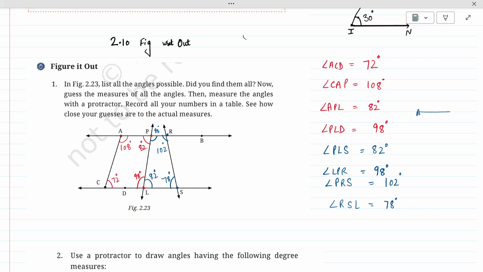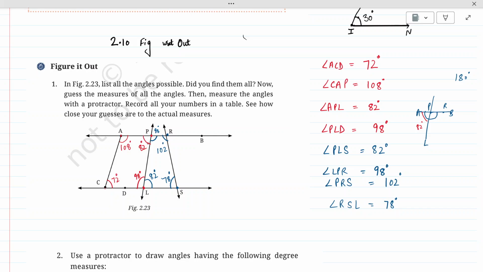Okay, we have A and B and we have P here, somewhere here we have R. We know this complete angle is 180 degrees, and also we are measuring this angle APL as 82 degrees. And if I have to find out this angle, this will be complete angle minus 82 degrees. This will give me this angle.